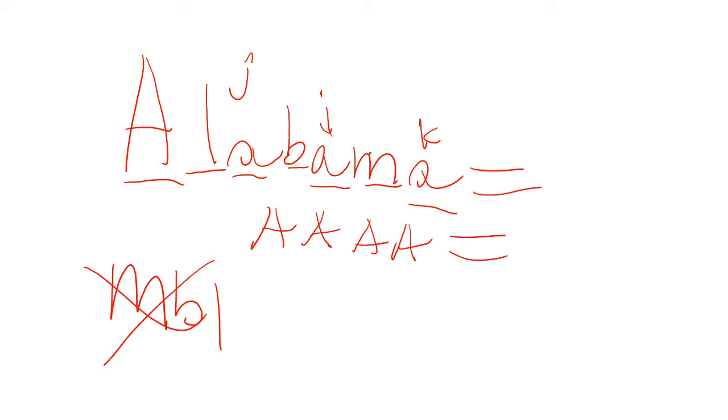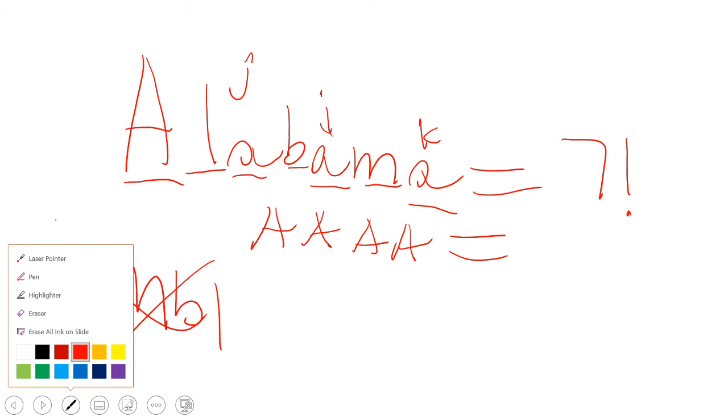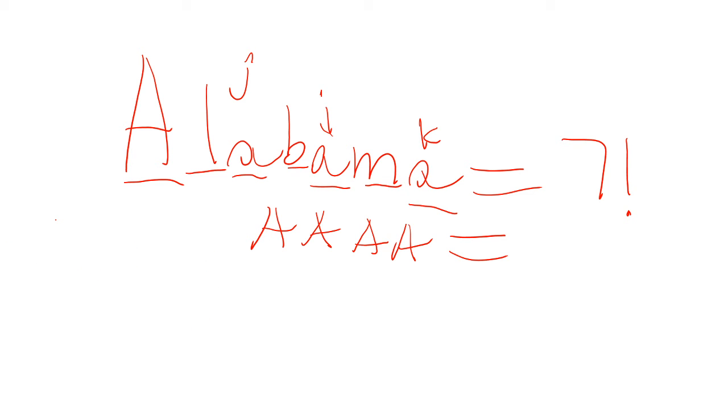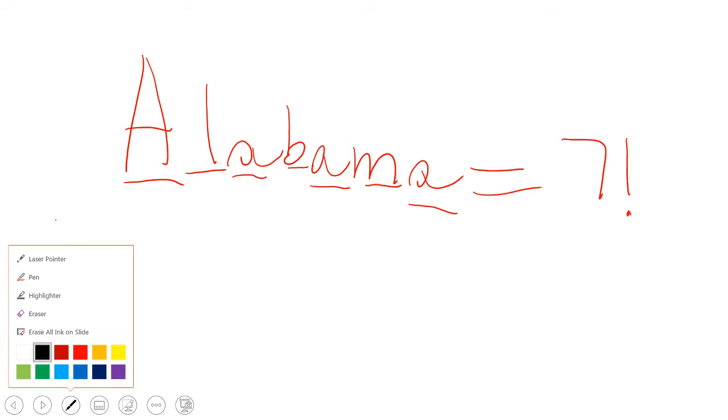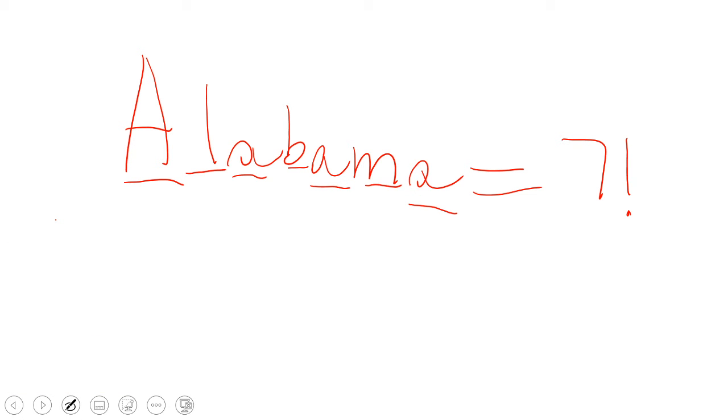So there are 7 letters, 7 factorial if they were different, but that does not exist. There is no I, there is no J, and there is no K.